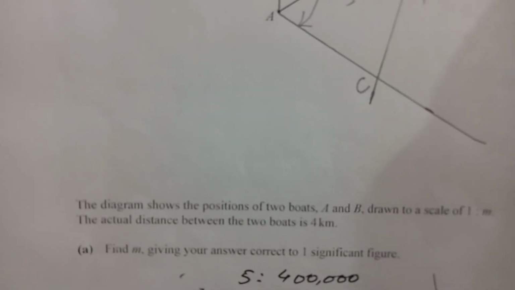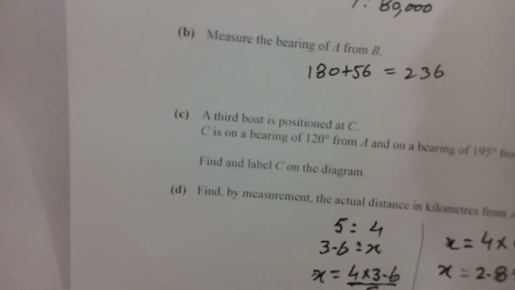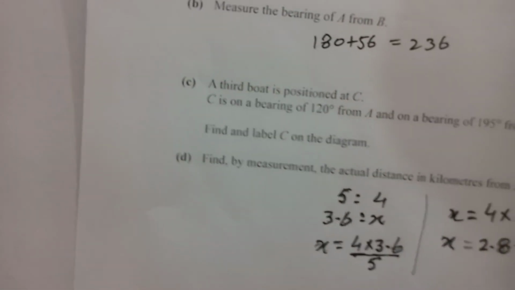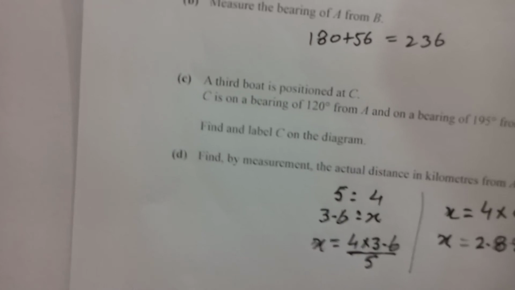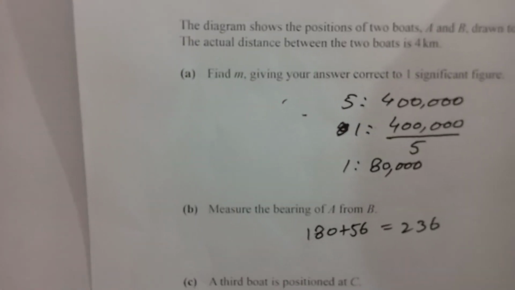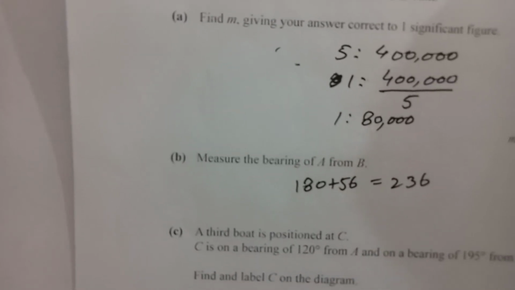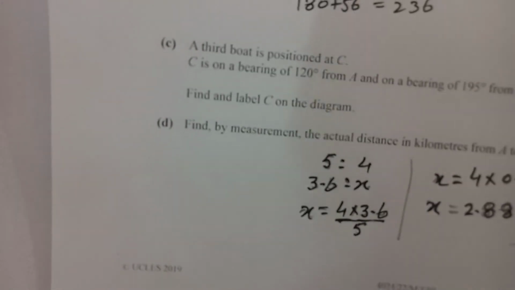Find the actual distance in kilometers from A to C. After measuring A to C, this length becomes 4 centimeters. So 5 centimeters to 4 kilometers, which is the first ratio given in the question, was converted into 1 to 80,000, and now he is asking for the answer in kilometers.